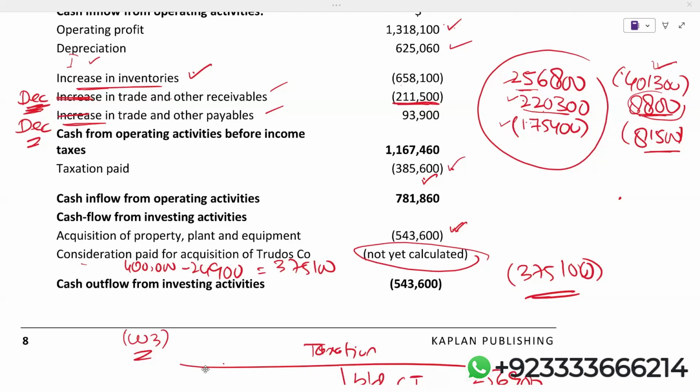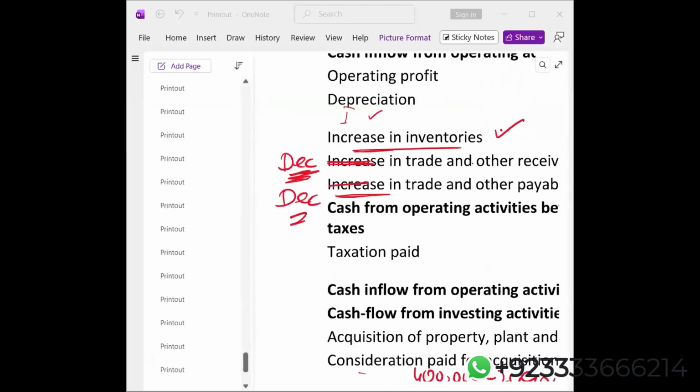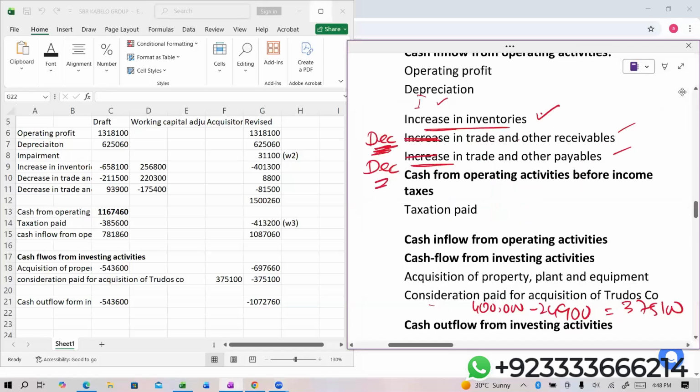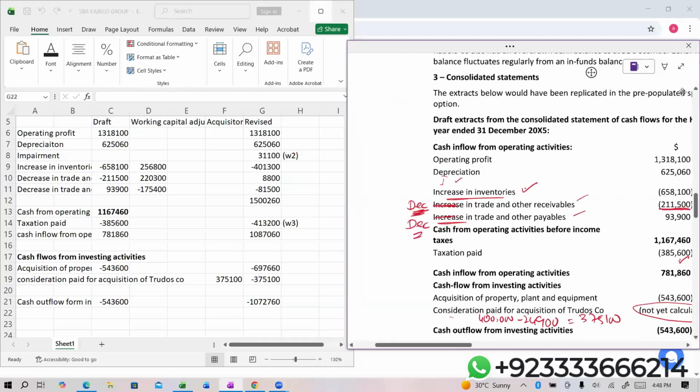Let me just show you the pre-populated cash flow statement which I have just corrected to save the time. Let me just share. I hope you can see both of the workings.